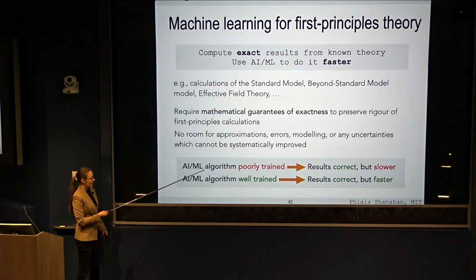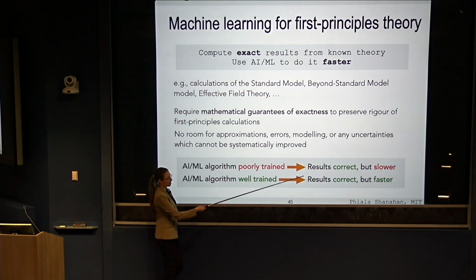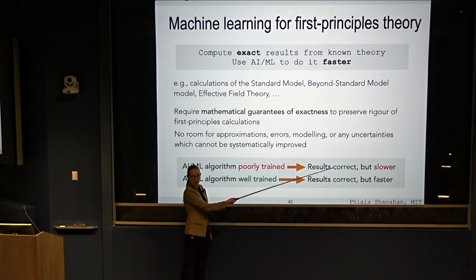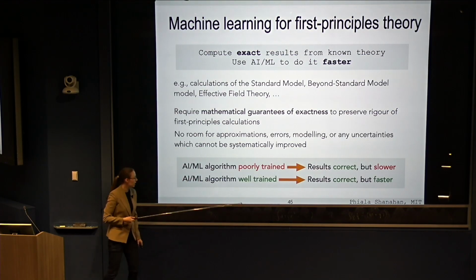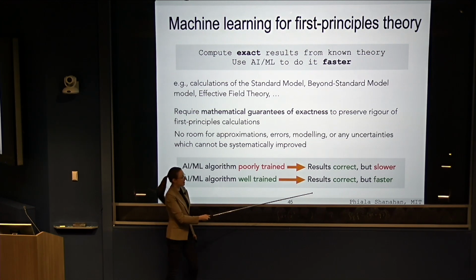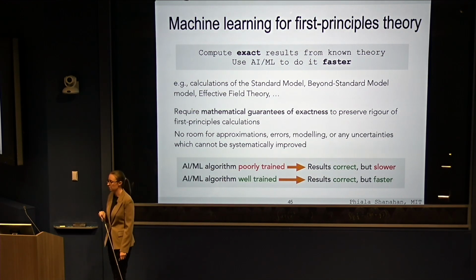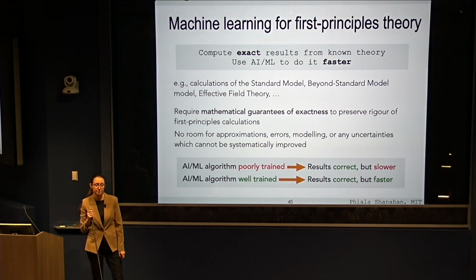So I have to create this scenario here. If my machine learning algorithm is poorly trained, I must still be able to guarantee that my results are correct. If my machine learning algorithm is well trained, I must still be able to guarantee that my results are correct, but ideally this will be much faster. And that faster can be the difference between something being computationally tractable and not, right?